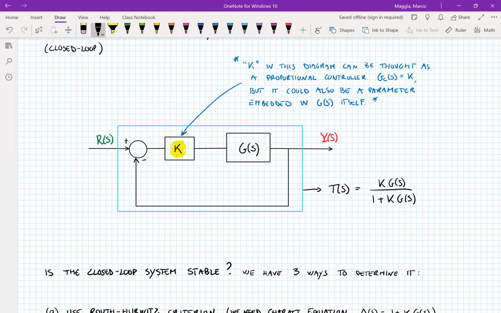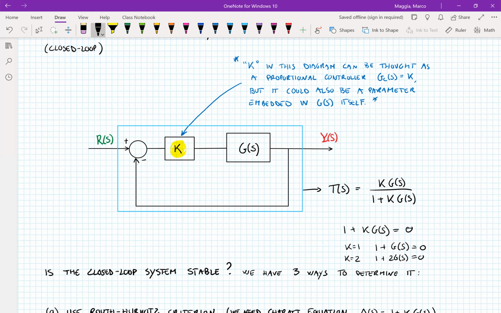Remember that the poles are the roots of the characteristic equation. What is the characteristic equation? It is 1 plus K times G of s equals 0. So if we have K equals 1, for instance, then we would have to solve 1 plus G of s equals 0, and the roots would be the poles for K equals 1. But what if we had K equals 2? Then the characteristic equation would be 1 plus 2 G of s equals 0, and so on and so forth.